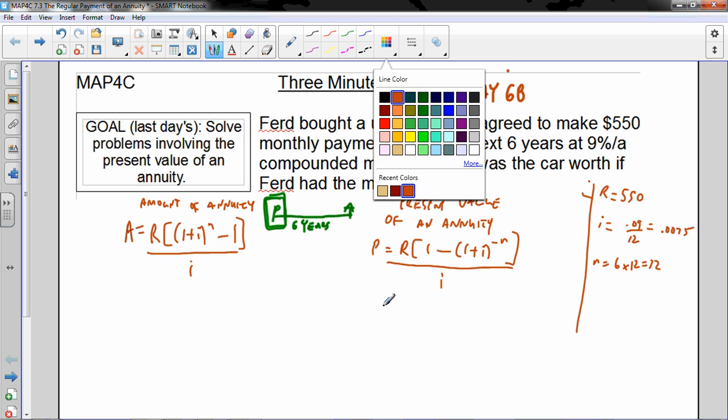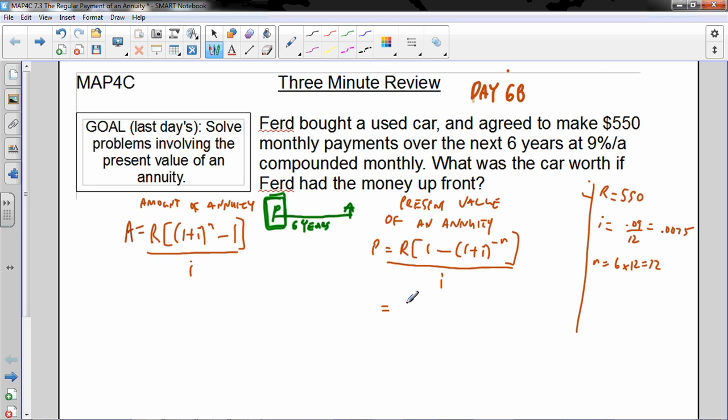And so where are you going to use this formula? This is a present value formula. 550 times 1 minus bracket 1 plus 0.0075 to the exponent negative 72 payments, all over 0.0075, and then you put that into a calculator.